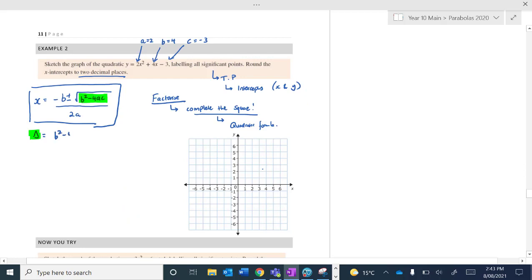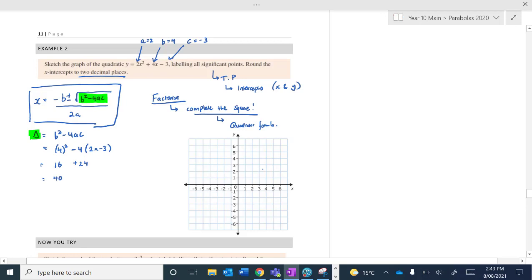So b squared minus 4ac, well, b we've established is 4, squared, take away 4 times a times c, 2 times minus 3. 4 squared is 16, minus 4 times 2 is going to be minus 8. Minus 8 times minus 3 is positive 24, which is 40.